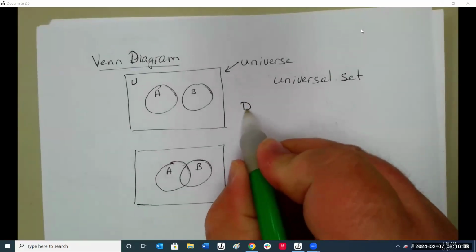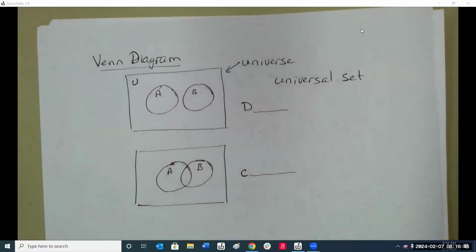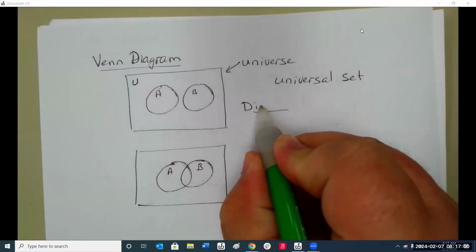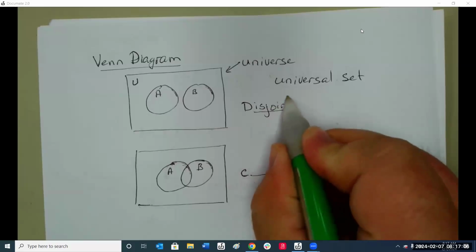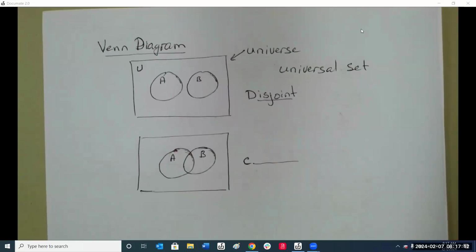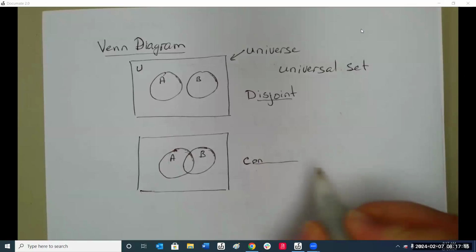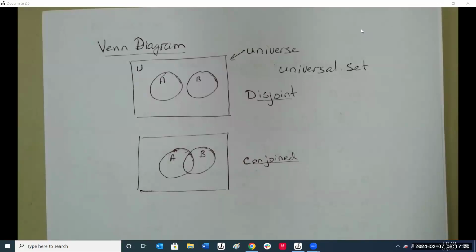This one starts with the letter D. This one starts with the letter C. Nope. It does start with a DI. This one, it's in there. And the other one is conjoined, or you can say the overlap or the intersecting.